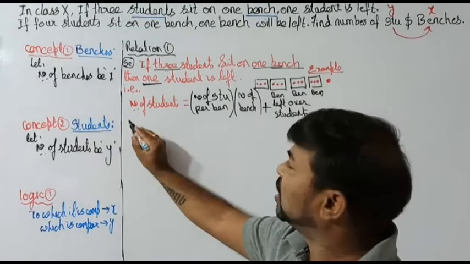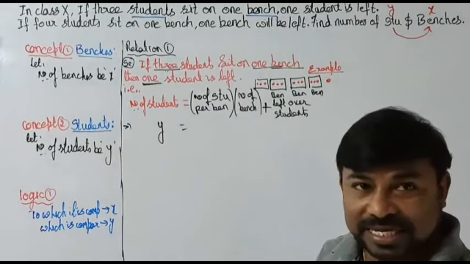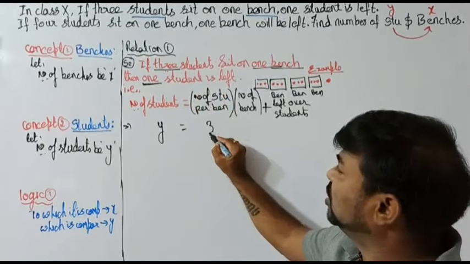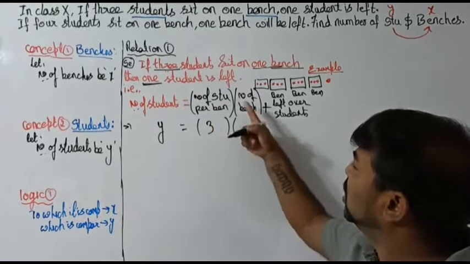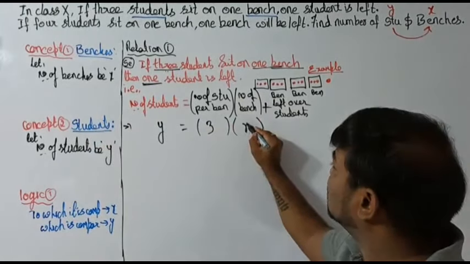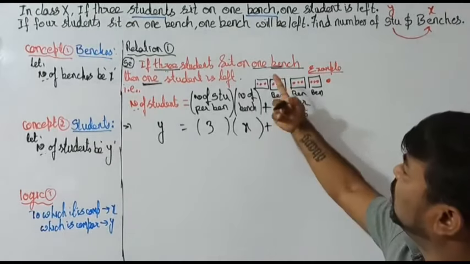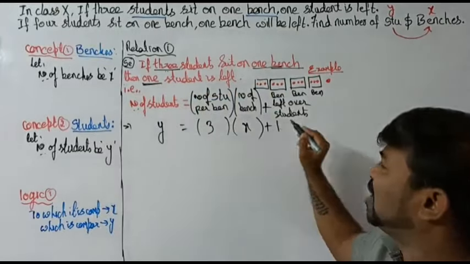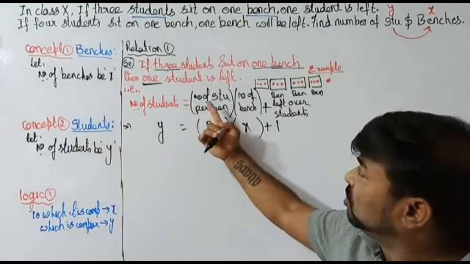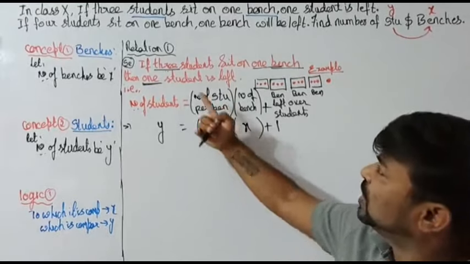So the number of students, represented by Y, is equal to the number of students per bench, 3, times the number of benches, X, plus the leftover students, 1. How many students per bench? 3.